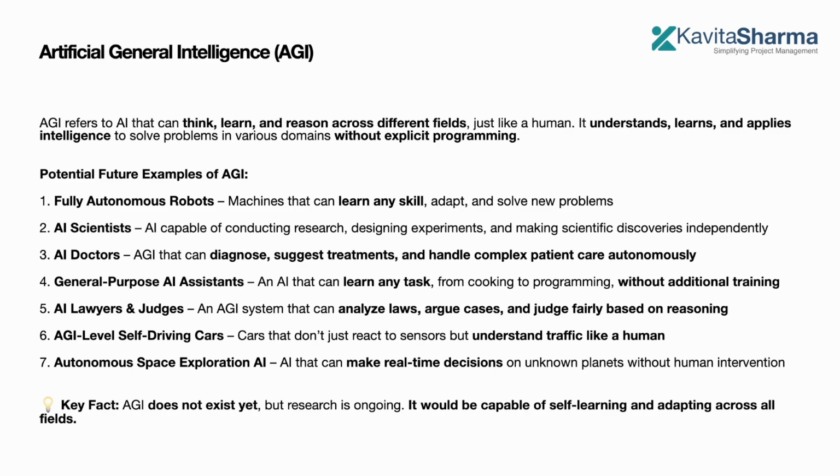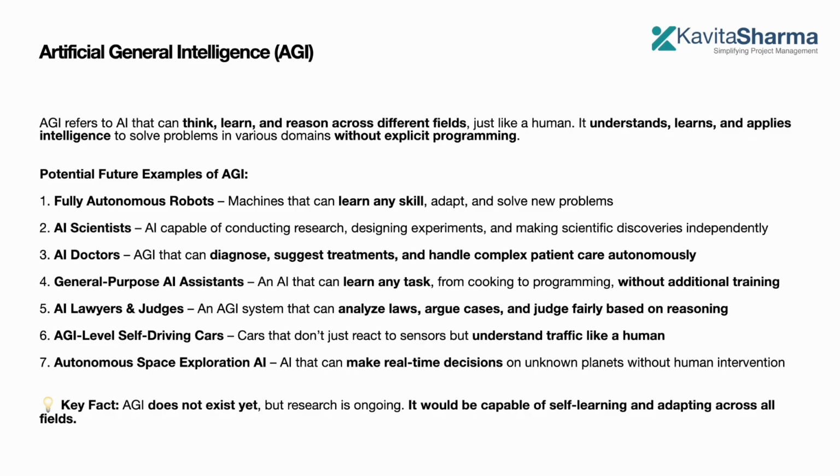So the potential AIs we are looking at are robots which can learn any skill, adapt, and solve any problem. It's like having another person who would be able to help me. It's like a friend, I can go to XYZ and ask them, help me. They should be able to help me irrespective of any programming.